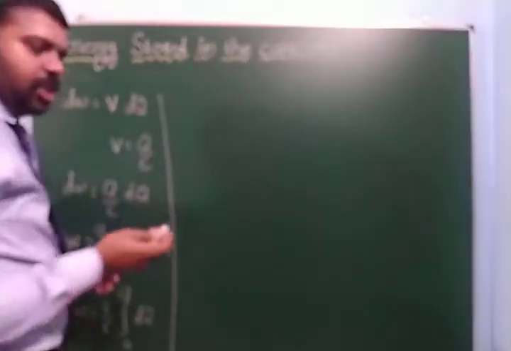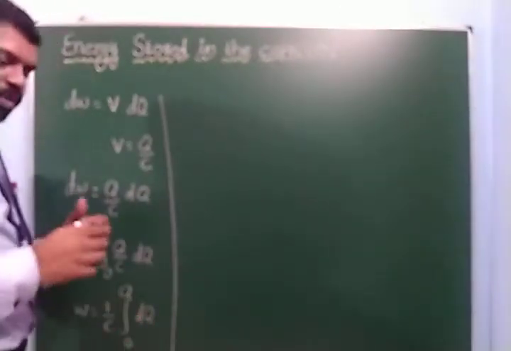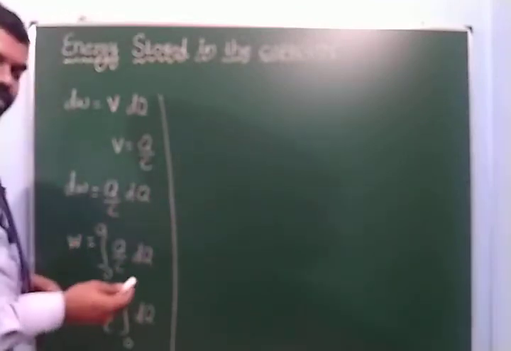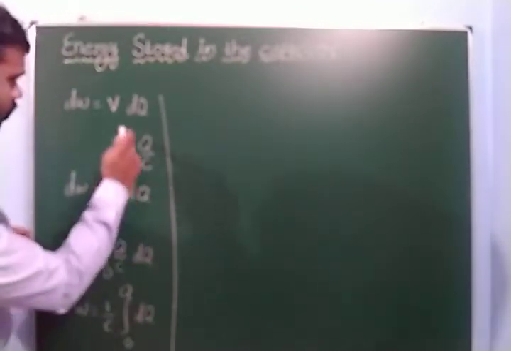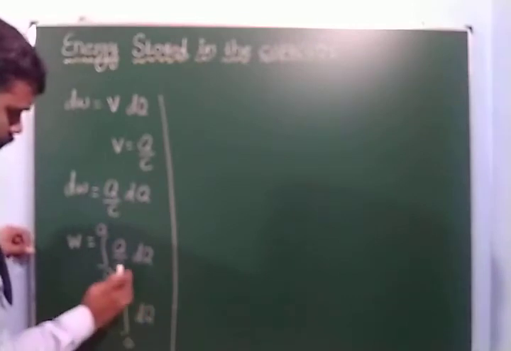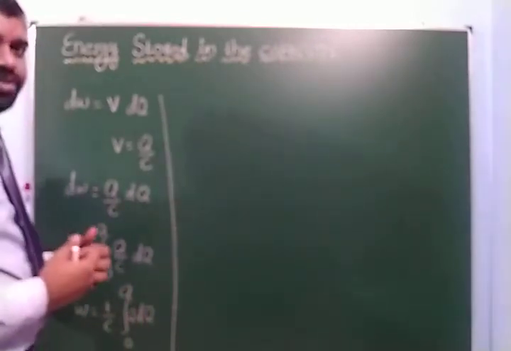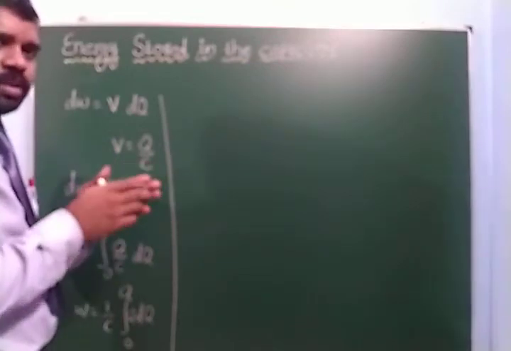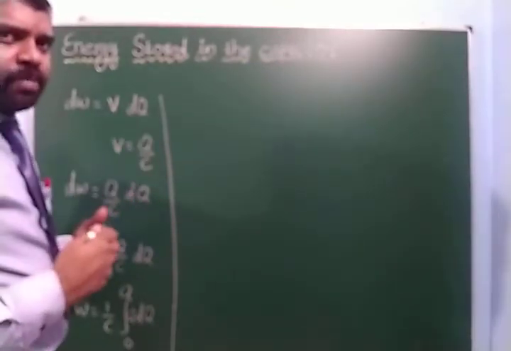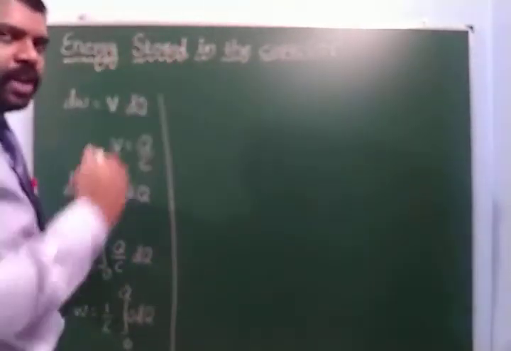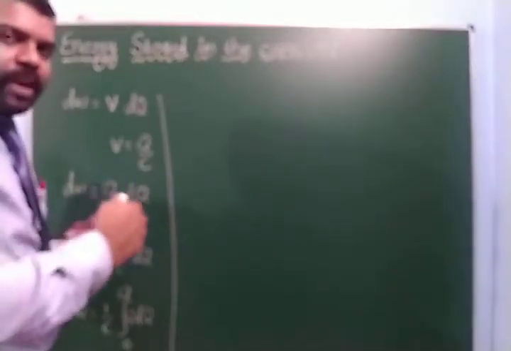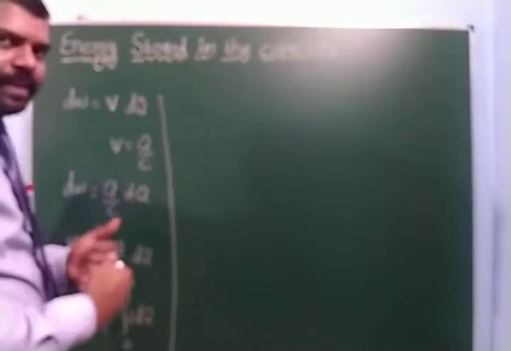Now we can integrate this. If you integrate x with respect to x, it becomes x square by 2. If you integrate x square with respect to x, it becomes x cube by 3.